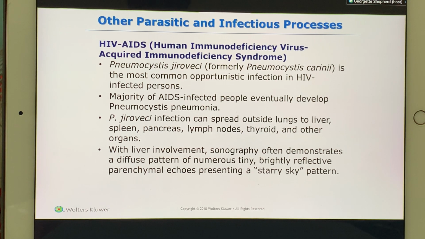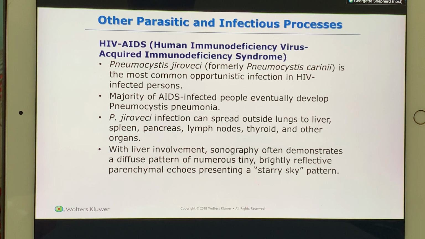So, other HIV and AIDS. Anytime a person has HIV, first off, you're going to recognize that the kidneys are going to be hyperechoic to the liver, and as they develop into AIDS, then that infection can spread throughout the lungs, the liver, pancreas, spleen, thyroid, and you'll have a starry sky.